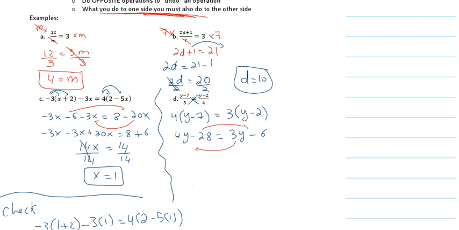So I have 4y minus 3y. Remember, it's minus because it used to be a plus. Minus 6. If I bring the negative 28 over, it becomes a plus 28. So that's going to be y equals positive 22, because the 28 is a bigger number and it has the positive.